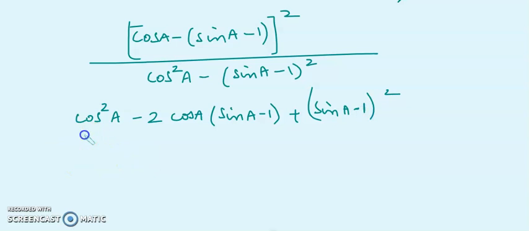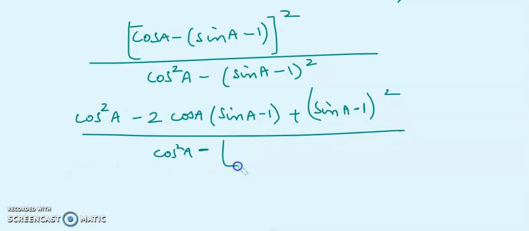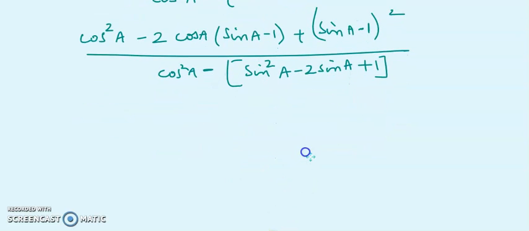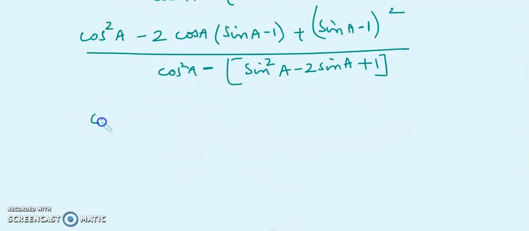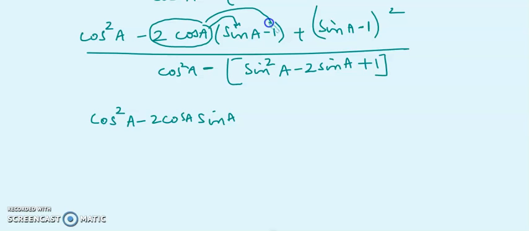The whole divided by, again, cos square A minus, I'm going to open the sin A minus 1 as sin square A minus 2 sin A plus 1, right? Now we'll open the whole bracket, that is the numerator, every term. So it will become cos square A minus 2 cos A sin A. This whole cos A is going to get multiplied with sin A and with minus 1.